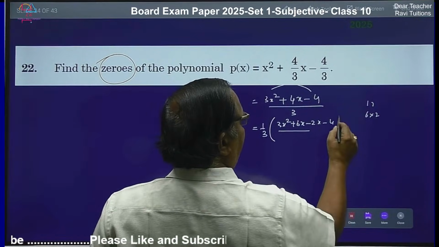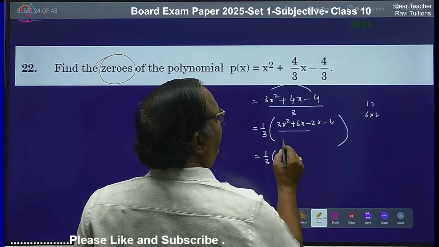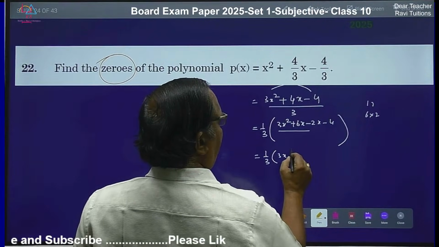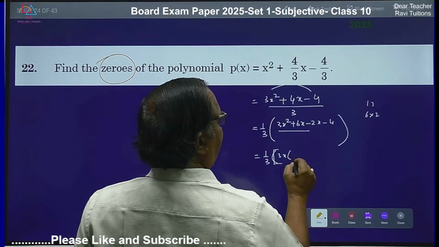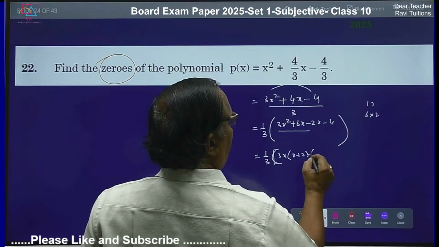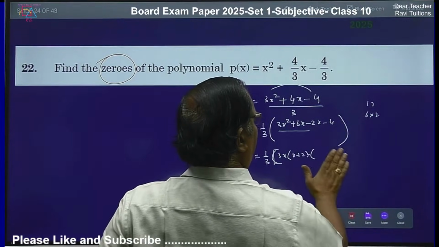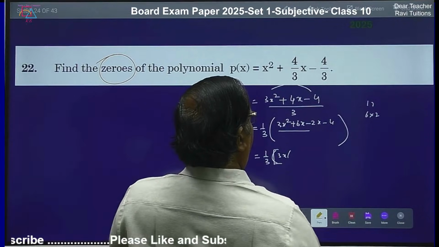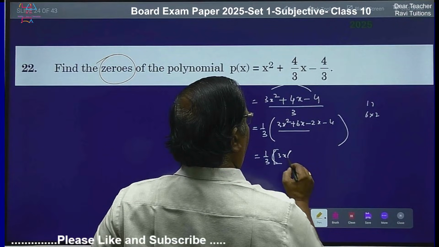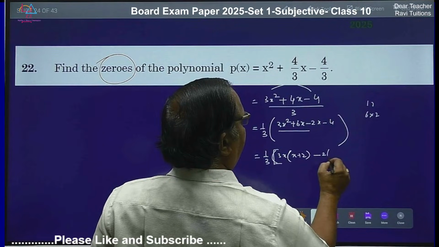Okay. So 1 by 3, how much? 3x common. 3x into x plus 2, minus 2 into x plus 2.